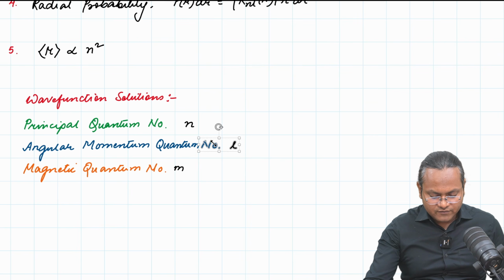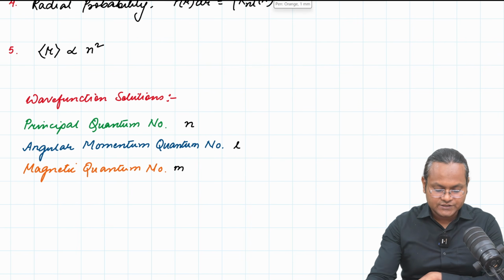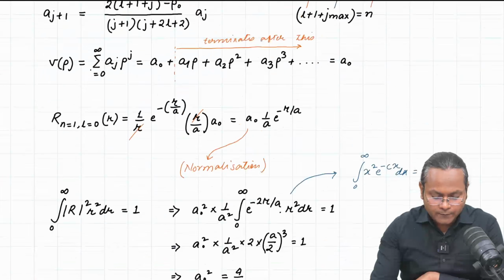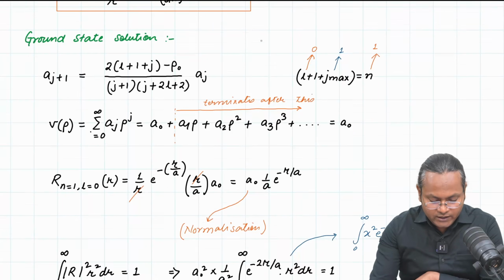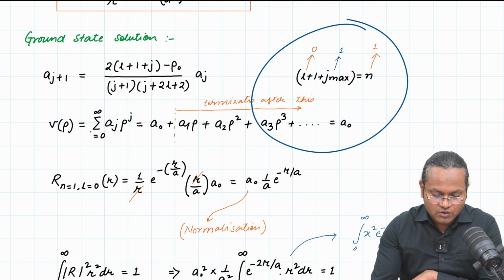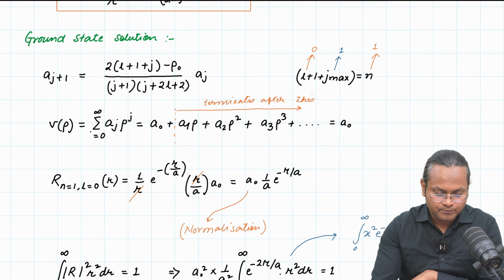So the distinct values of these quantum numbers are decided by the nature of the solutions that we have got. So for example, if we go back to our radial solution, we had to terminate the power series solution, remember? And if we terminate the power series solution in this manner, then the lowest value of n that is possible is clearly n is equal to 1 from here, right?